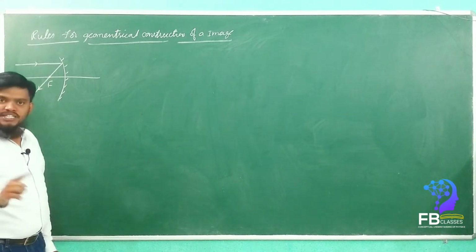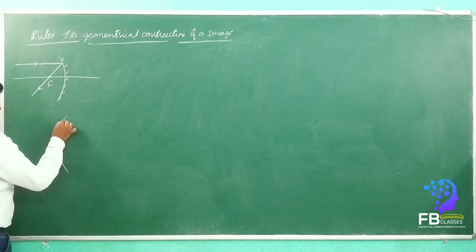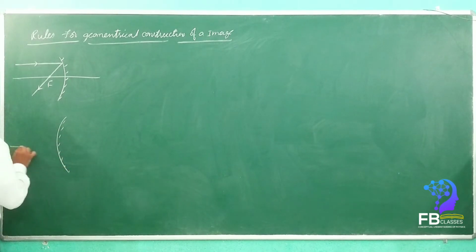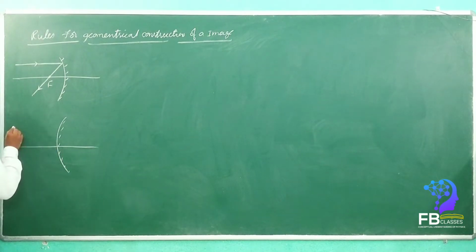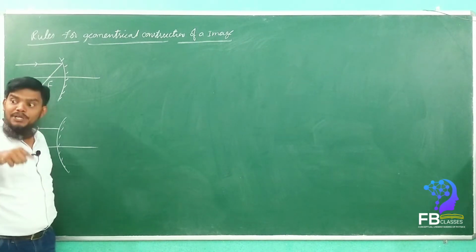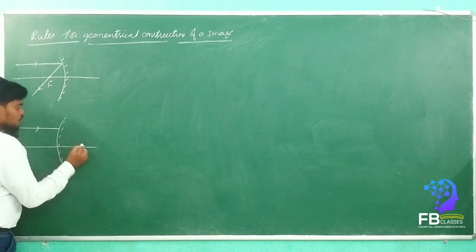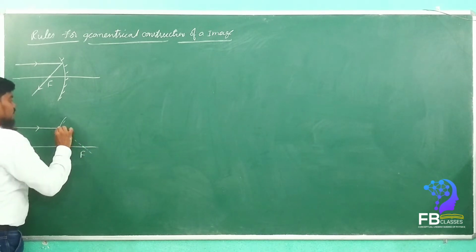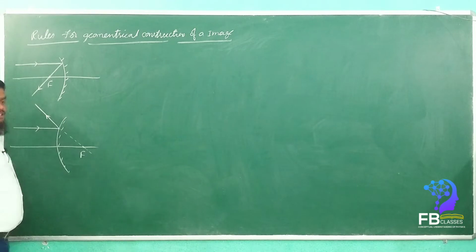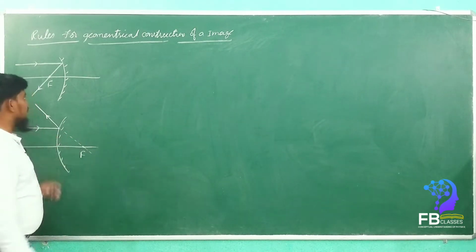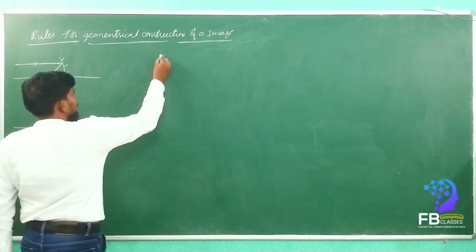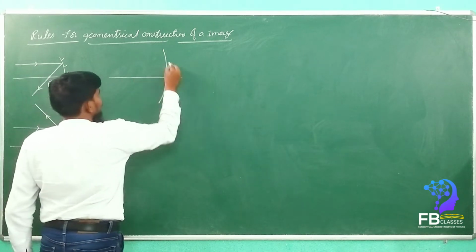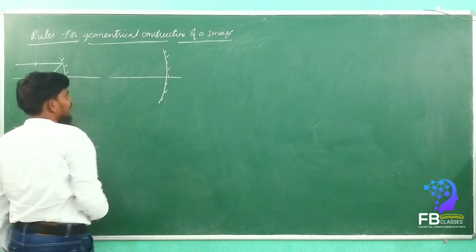If you take the convex mirror, when the light ray travels parallel to the principal axis, it appears to pass through the principal focus. So the reflected ray will go like this.